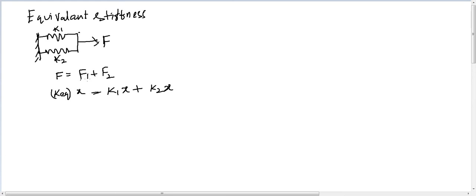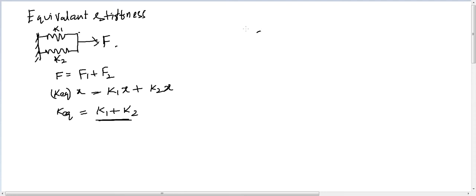Here the force is divided, but the displacement is the same for both spring 1 and spring 2, in the parallel case. So k equivalent is nothing but k1 plus k2. That means we are increasing the strength by connecting in parallel. This is about the equivalent stiffness if they are connected in parallel.